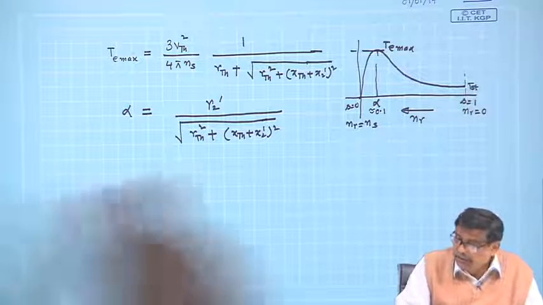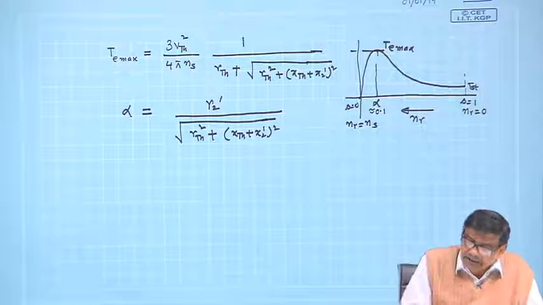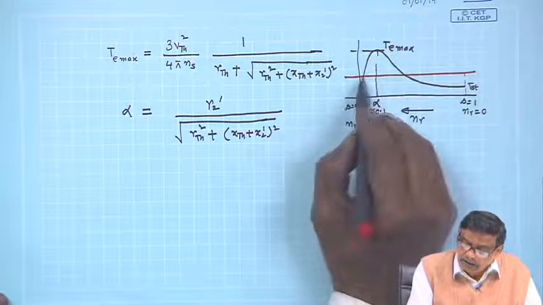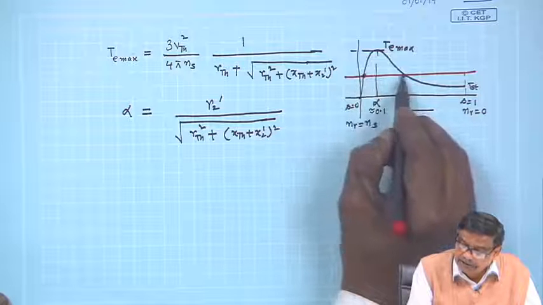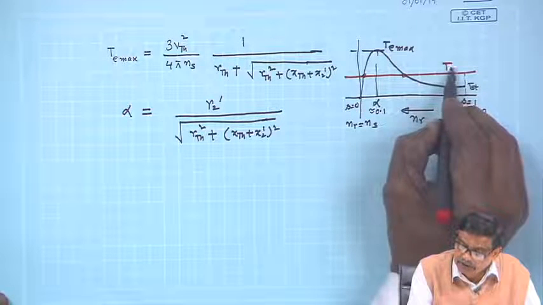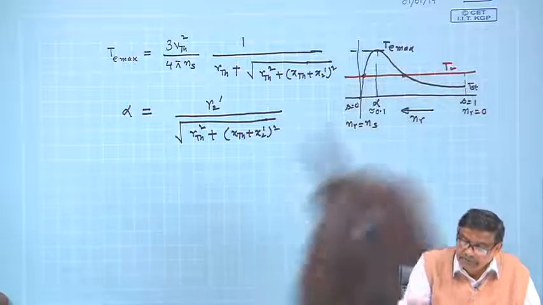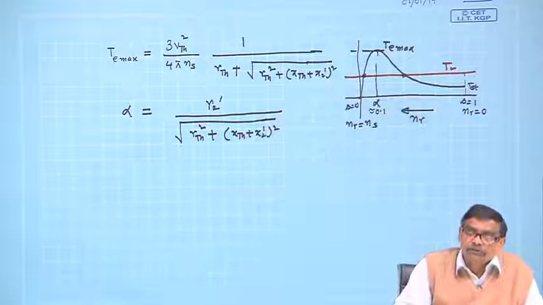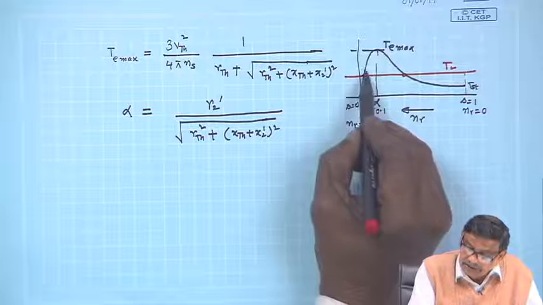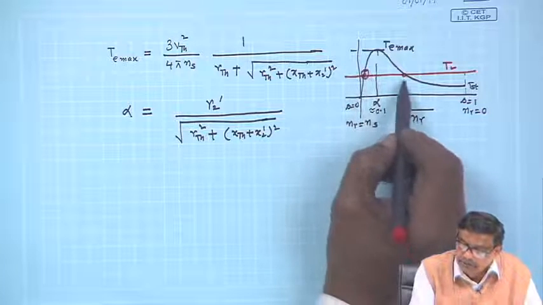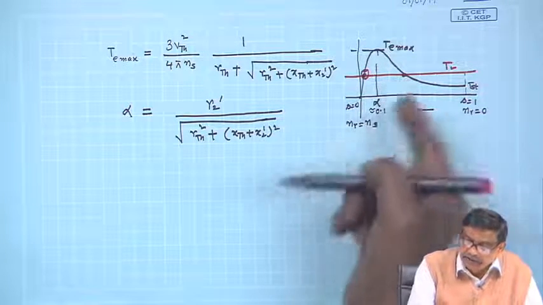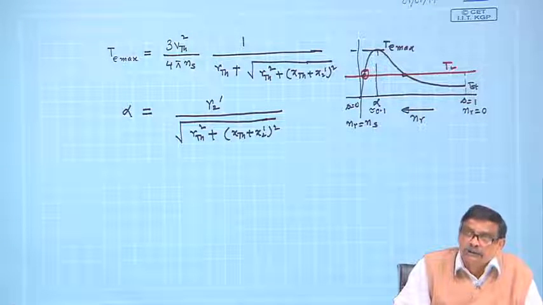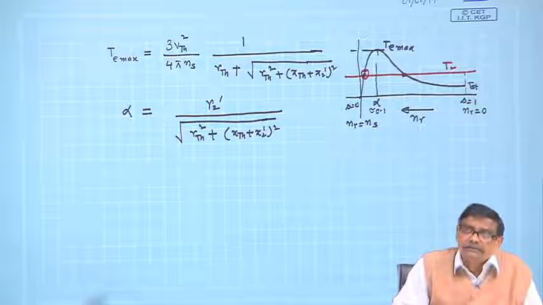And then I told that if the torque slip characteristics is known, the machine will operate at the point of intersection. Suppose this is the load torque; at the point of intersection, the motor will operate. It gives two speeds, out of which one is stable, that is this one, the most important one. The machine cannot settle down at this point, although T equals T L, because it is critically stable.